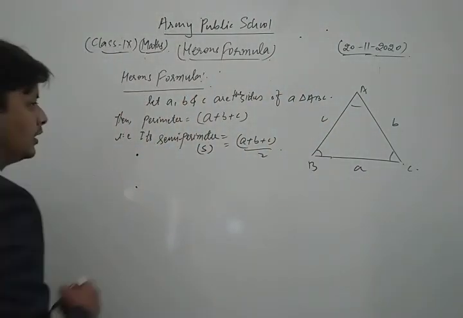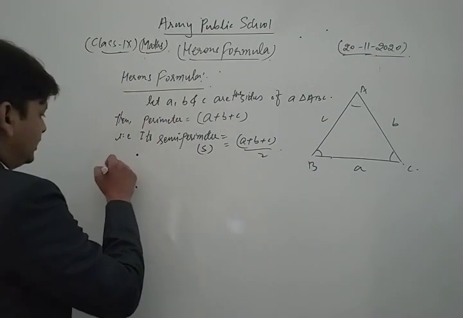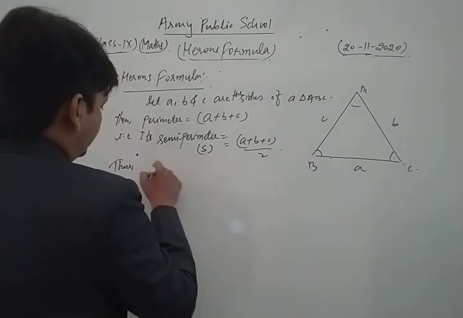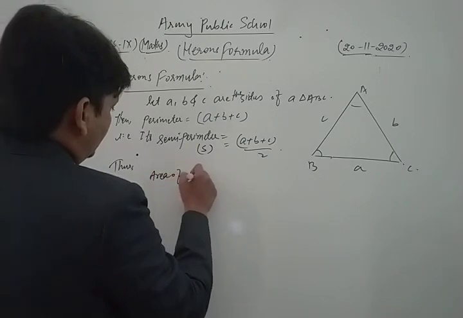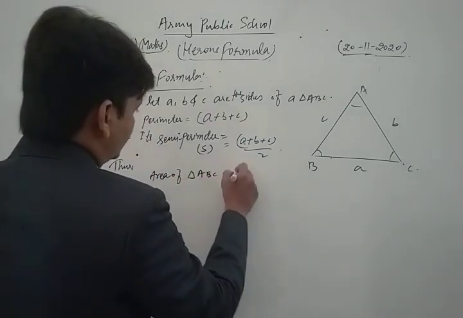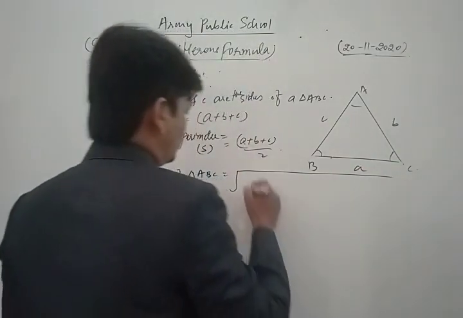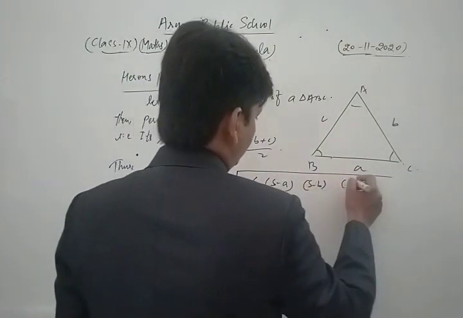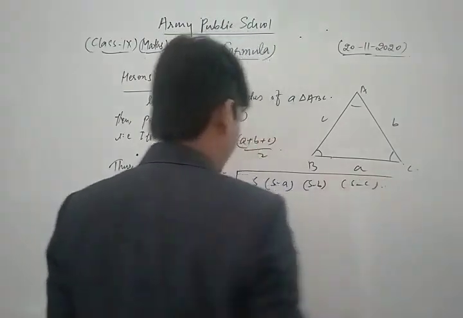Okay. Now dear friends, the formula for the area of triangle ABC: area of triangle ABC is equal to the square root of S times (S minus A) times (S minus B) times (S minus C).